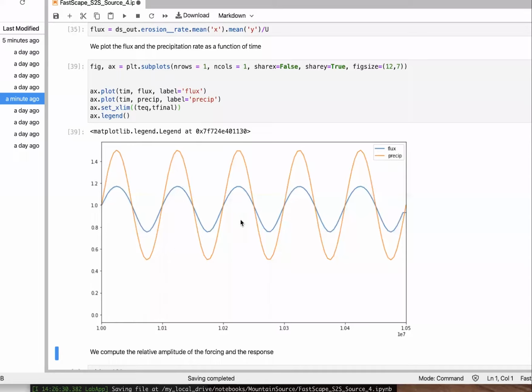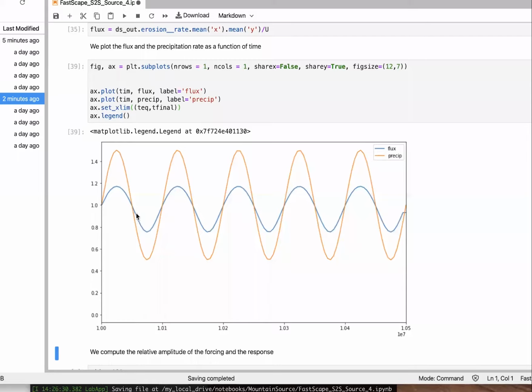And you remember, Sebastian told us something very important. What we must study first is how much of the outgoing signal, the sediment flux out of the mountain, as a function of the amplitude of the forcing signal, which is the precipitation.